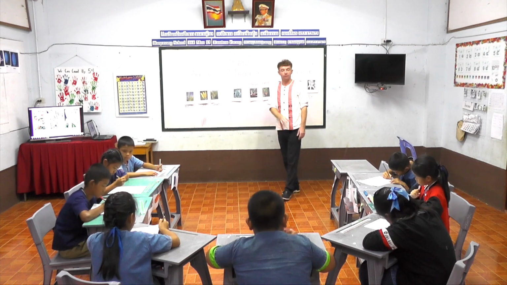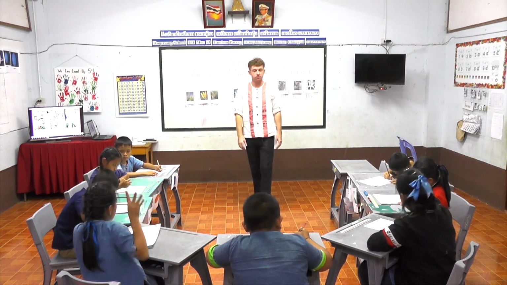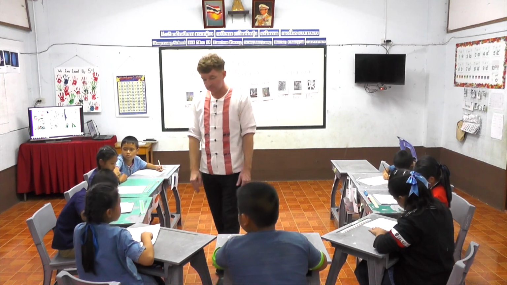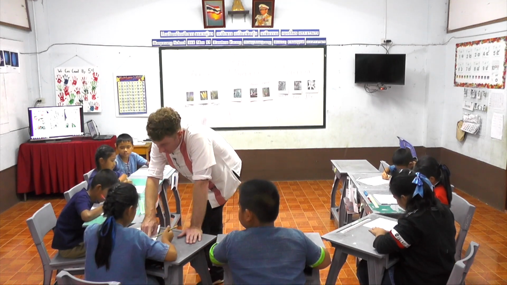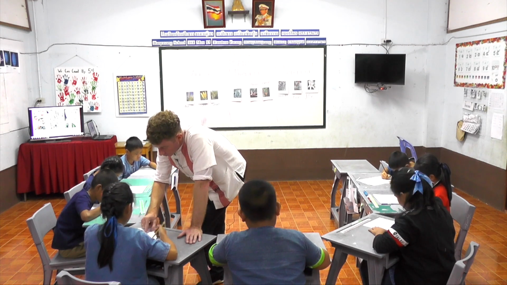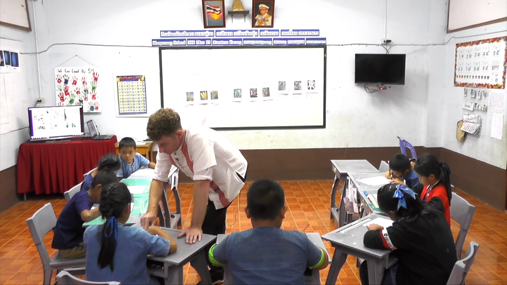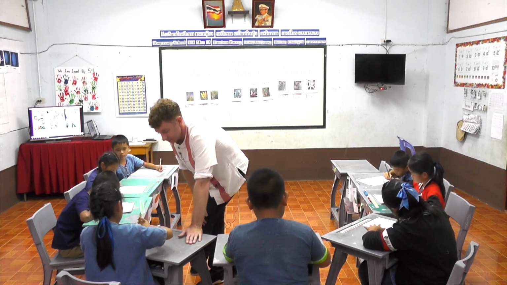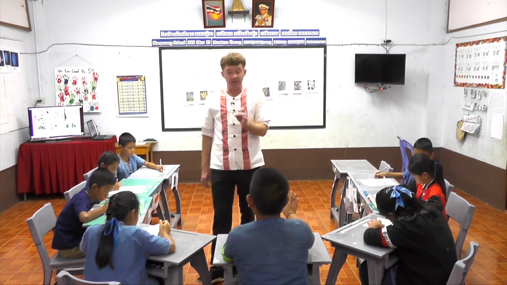Yes. So find the words in your word box for biennial. So annual plant. What do we think is an annual plant? Rice plant, yes. Rice plant is an annual plant.